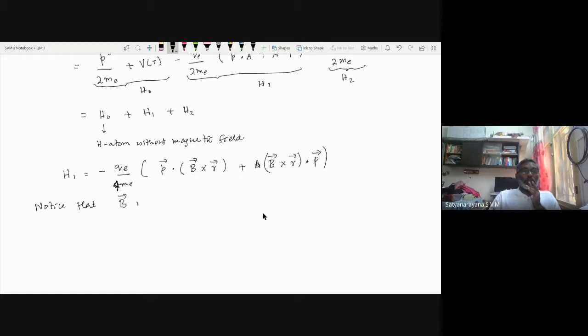I am a little bit sloppy in not writing these operator signs. R is an operator, P is an operator, but B is a vector, not an operator.